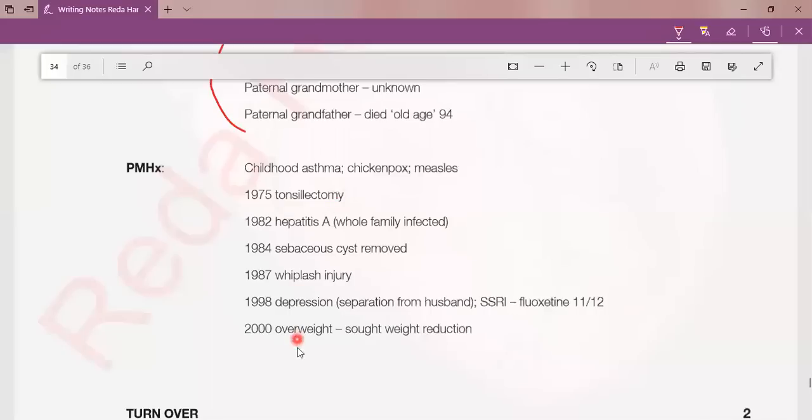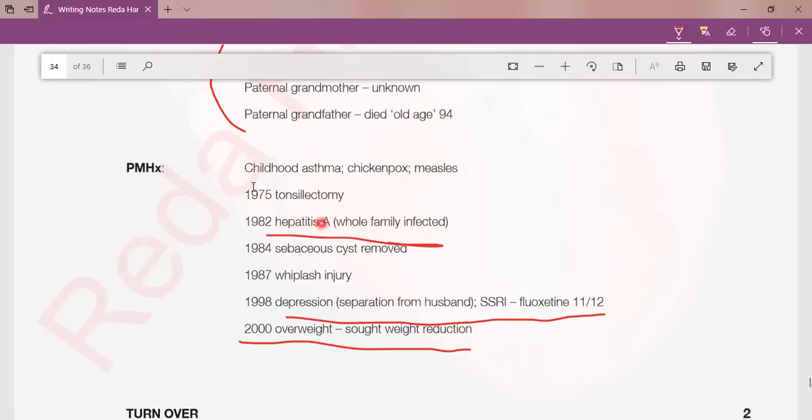What is important for you? You have to select. Maybe she's overweight and she has got depression. But whiplash injury, sebaceous cyst, hepatitis A, whole family infected, maybe.